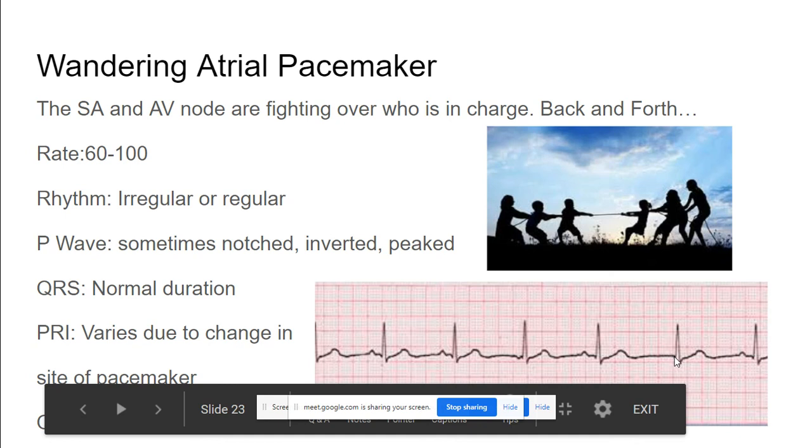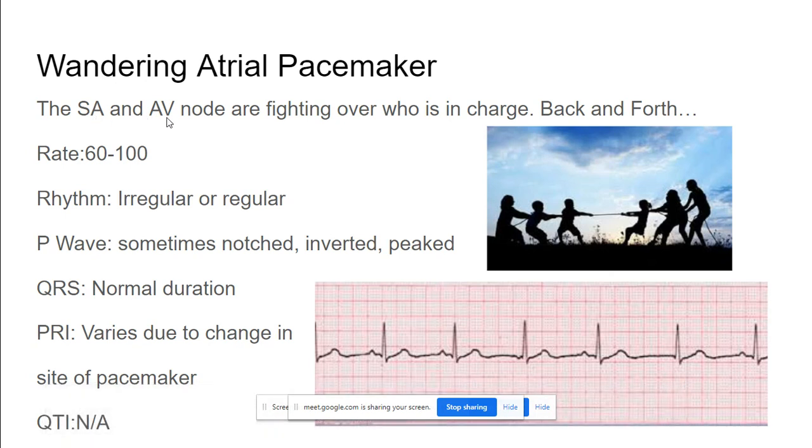And that's when the AV node has completely taken over. So everything looks pretty regular, but maybe a little bit of mild irregularity here because it widens out a little bit. But if you take a look at the P wave when you're looking at the complex, you'll say, oh, they're all different. That means it's wandering between the SA and the AV node.